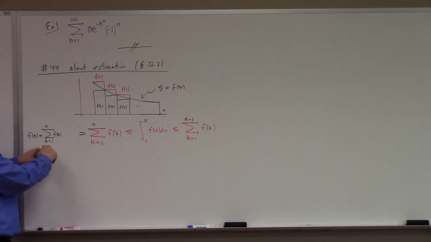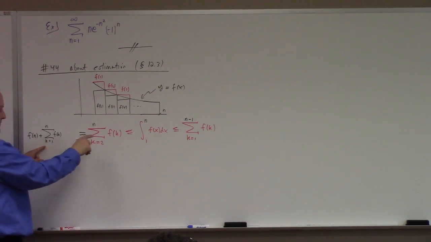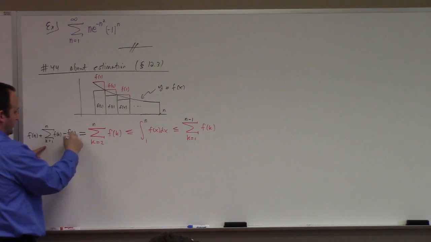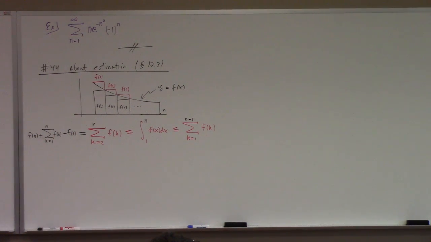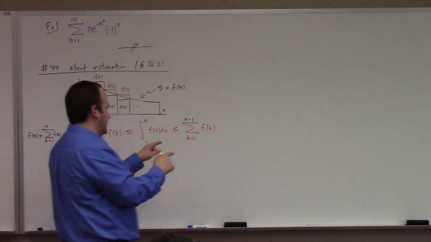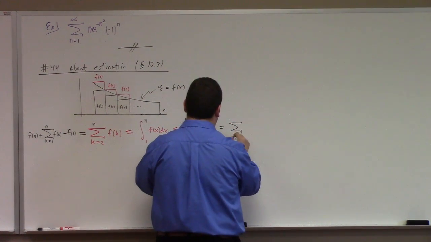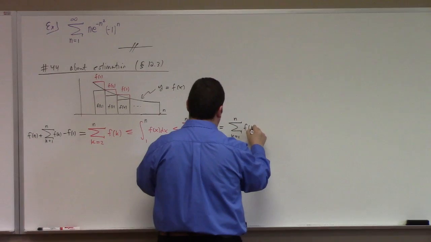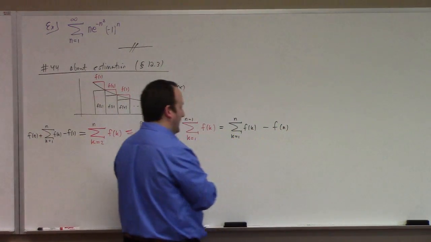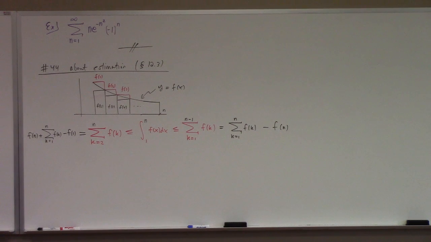That starts at 2, so if I make that 1, to be fair, I have to subtract f of 1. But then over here, this is the sum k equals 1 to n of f of k, minus f of n. And I think I can play with this to come up with an estimate for the nth partial sum as it relates to the integral.